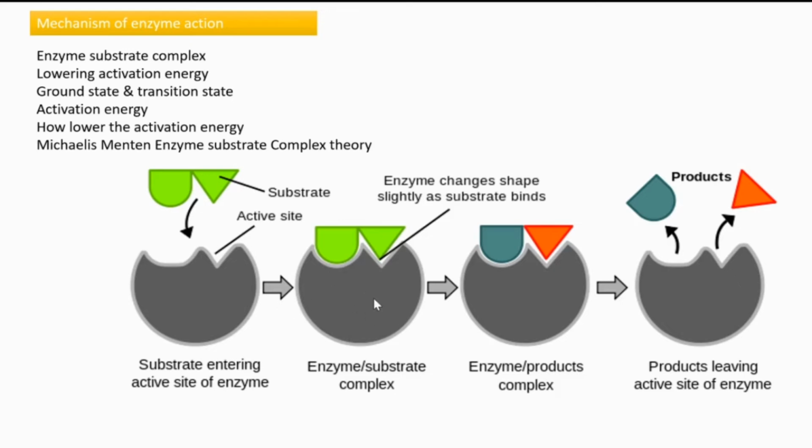After forming the enzyme substrate complex, what is forming? Products are forming. And with the release of the products, the enzyme becomes free again for starting another round of reaction. That is the Michaelis-Menten enzyme substrate complex theory. It's very simple.